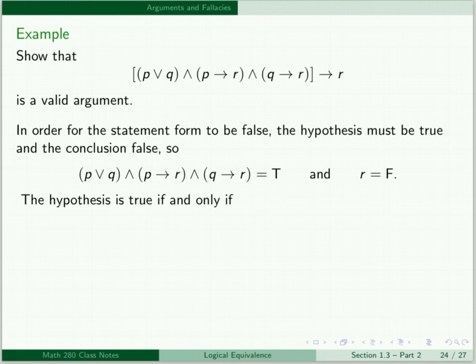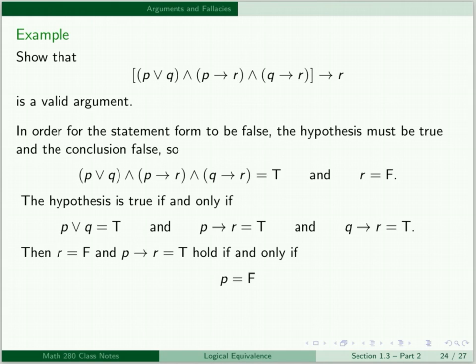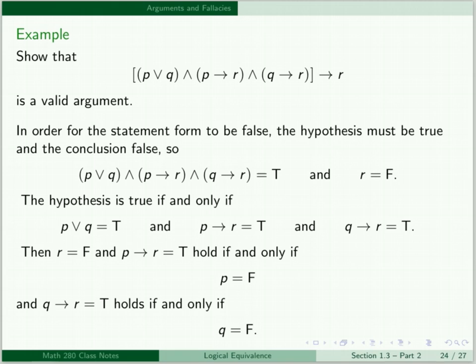The hypothesis is then true if and only if P or Q is true, and P implies R is true, and Q implies R is true. Then R is false, and P implies R is true, hold if and only if P is false. And Q implies R is true, holds if and only if Q is false.